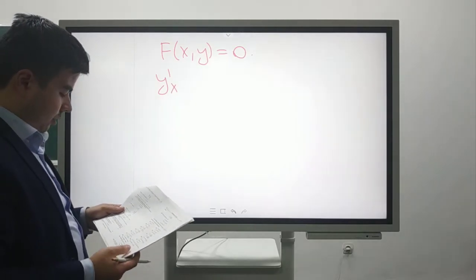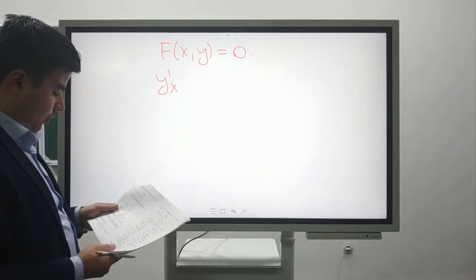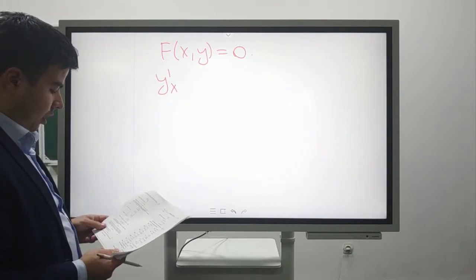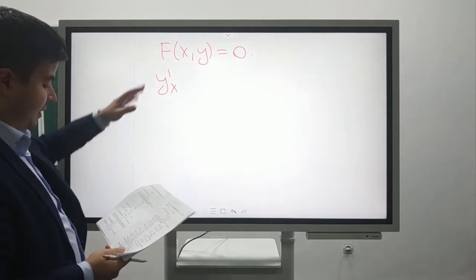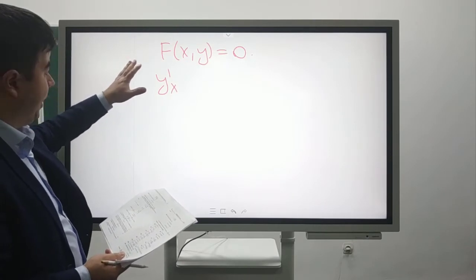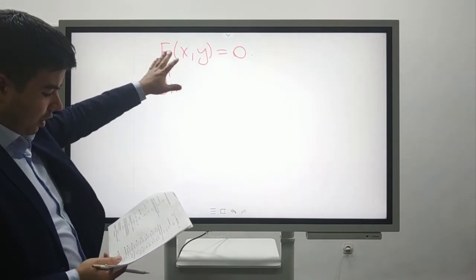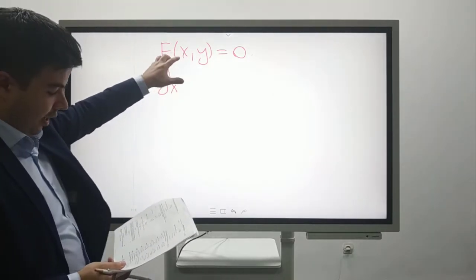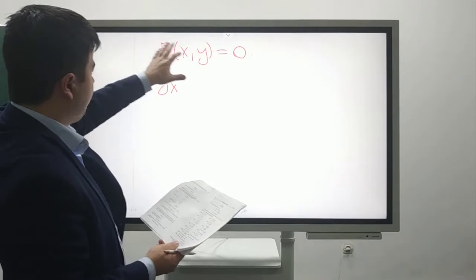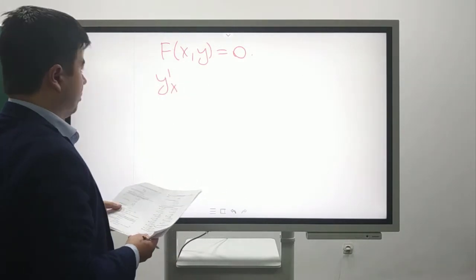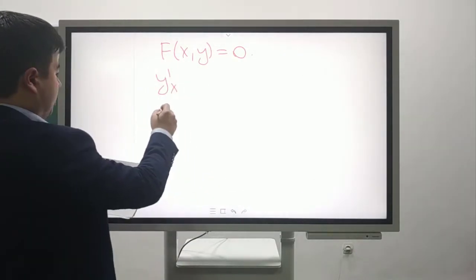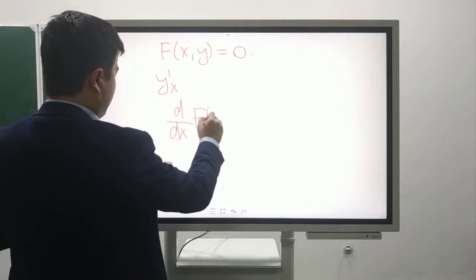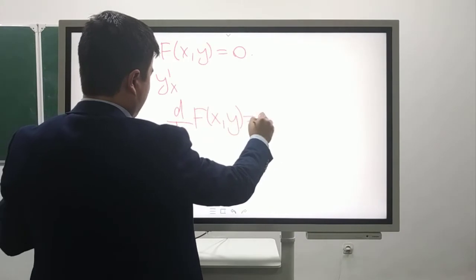So in this case, firstly, calculate the derivative with respect to x of the left side of the equation, taking y as a function of x here, and secondly, equate this derivative to 0, and we get d over dx of f(x, y) equals 0.